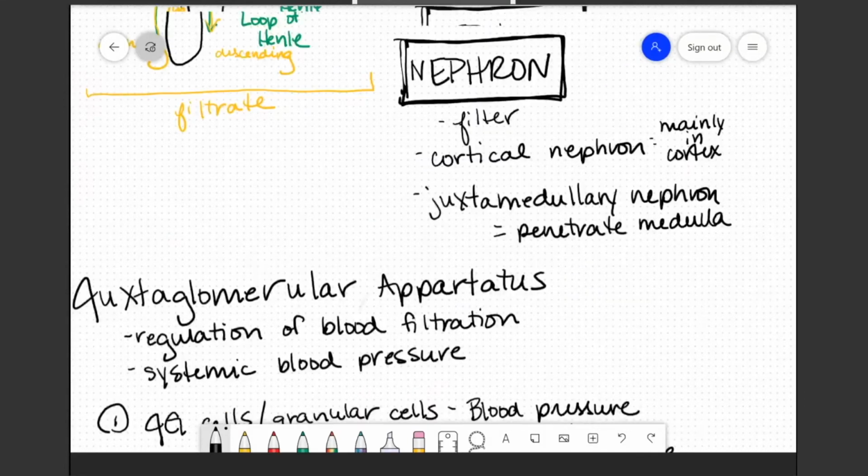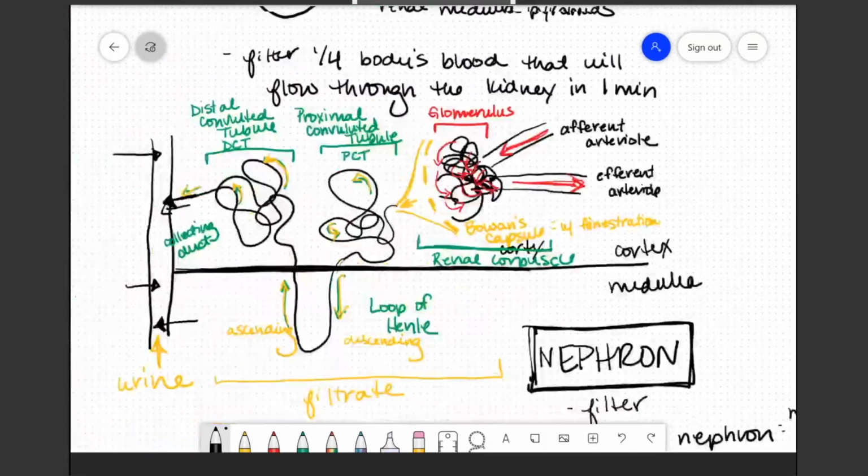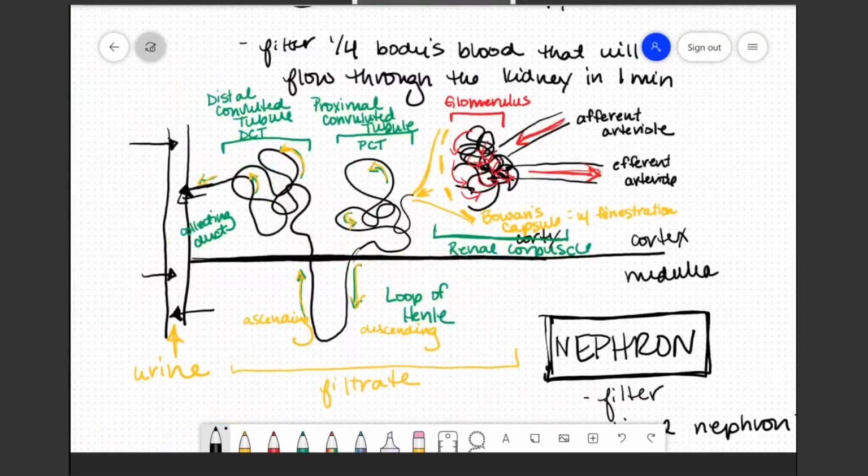So that means way up here in this guy, all the way here. This is going to be our JG cells right here. These are a blood pressure sensor. So our juxtaglomerular apparatus has JG cells that are a blood pressure sensor in the walls of our afferent arteriole.